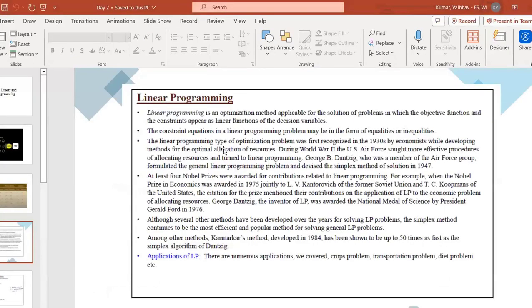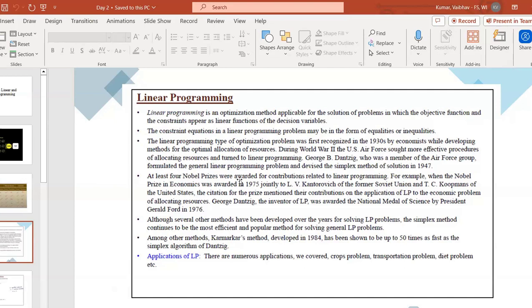Linear programming was first recognized in 1930 by some economists for developing optimal allocation of resources. During World War II, the US Air Force sought more effective procedures for allocating resources, and George Dantzig, a mathematician, applied linear programming and implemented the simplex algorithm to solve it.